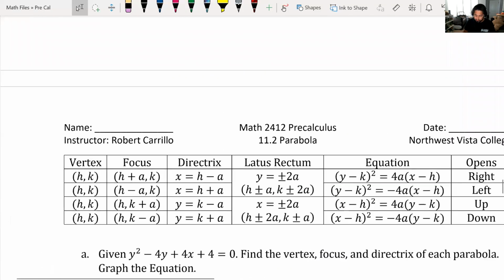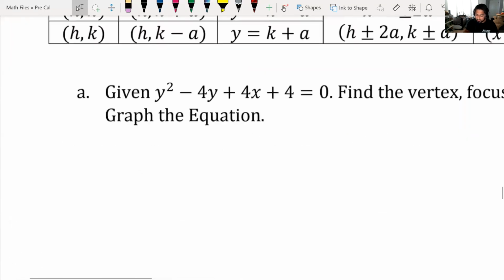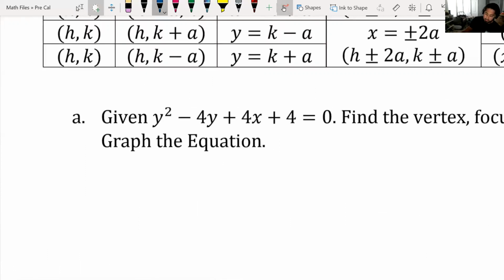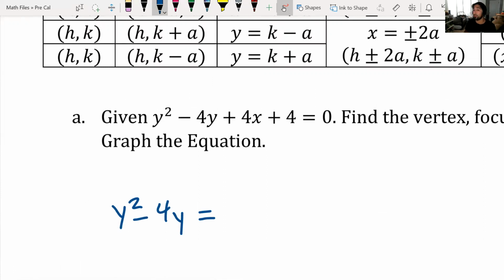So with that being said, let's go ahead and rewrite this. We will keep the y's on the left side. So y squared minus 4y, and move everything else over to the right side. Negative 4x minus 4.